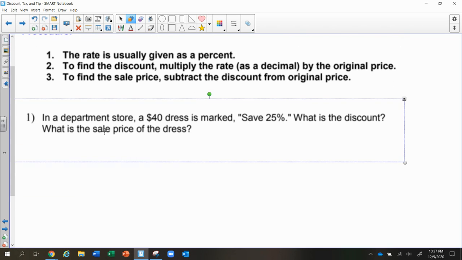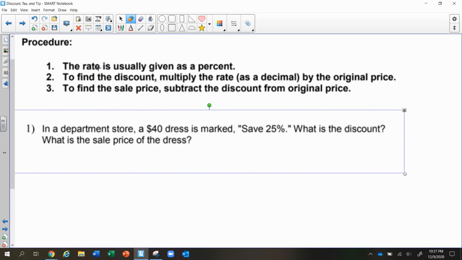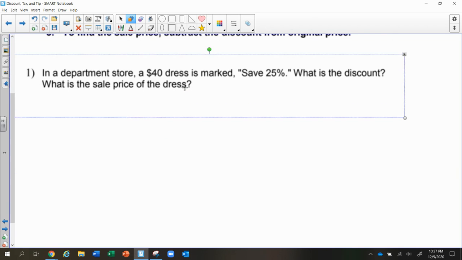The procedure: the rate is given as a percent. You know that. To find the discount, multiply the rate, or the percent as a decimal, by the original price. And then to find the sales price, subtract the discount from the original price.